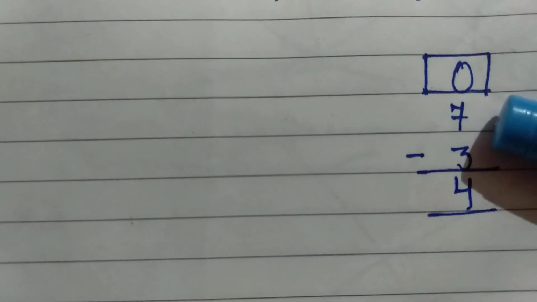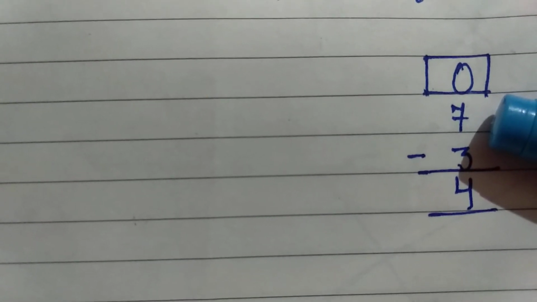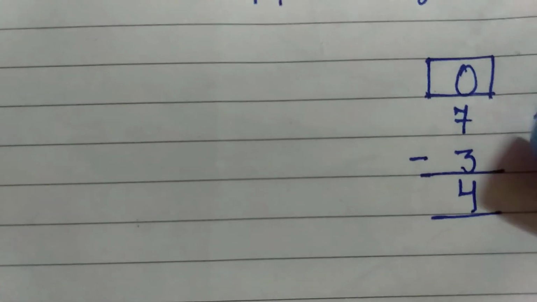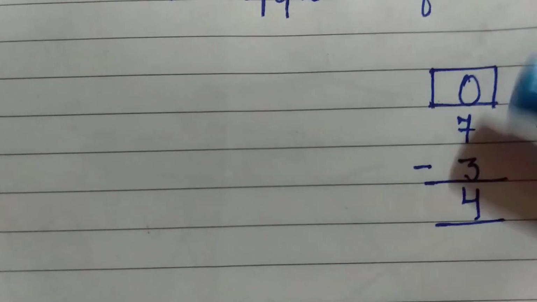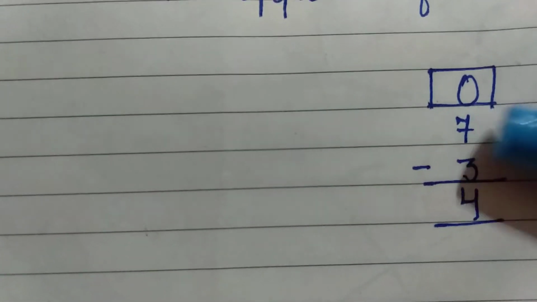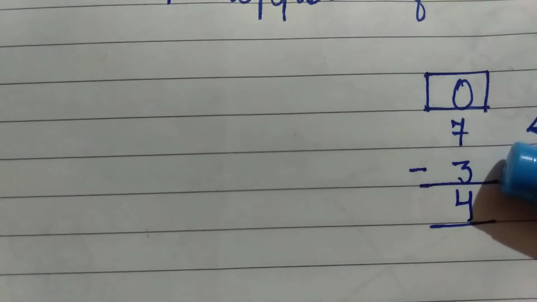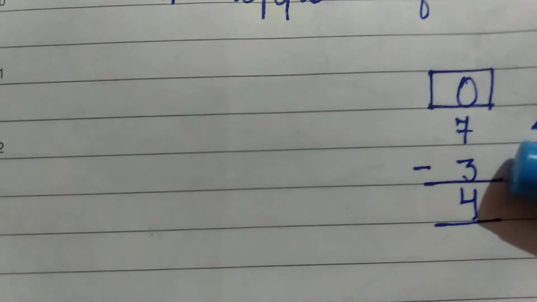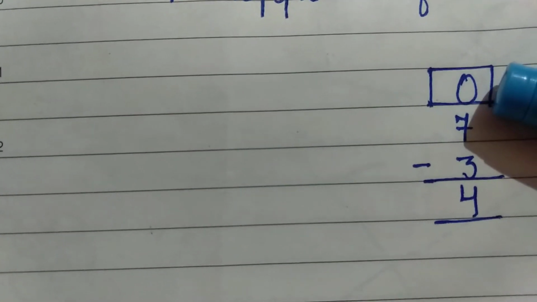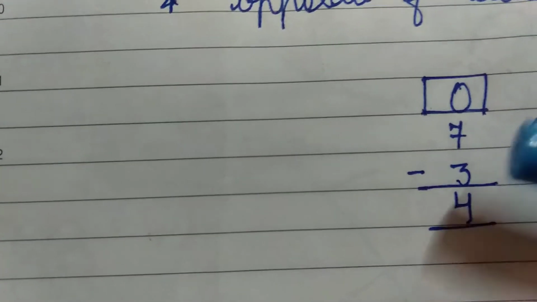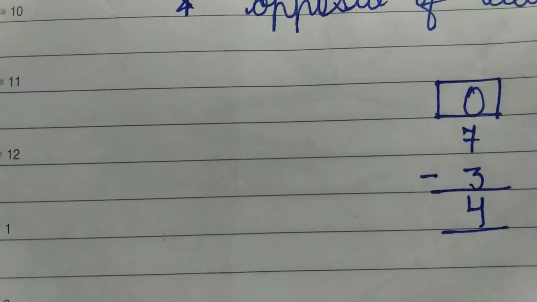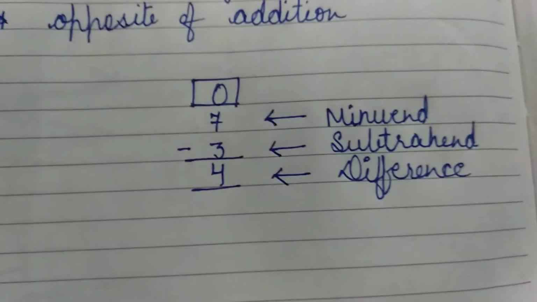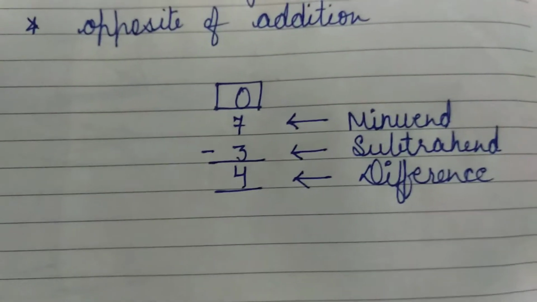The number from which another number is subtracted is called minuend. Here is the 7, and the number which is subtracted from minuend is called subtrahend, or we can say the bigger number is minuend and the smaller one is subtrahend, and the result is called difference. The answer we get is difference. So 7 is minuend and 3 is subtrahend.